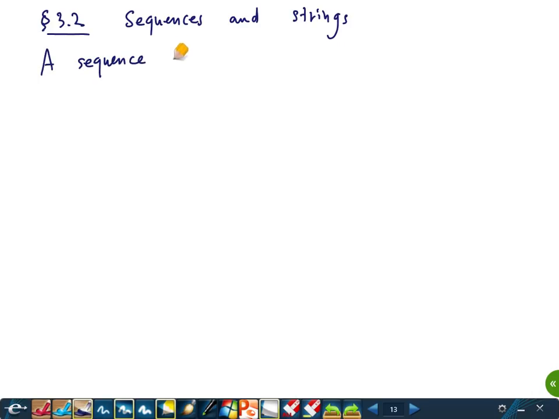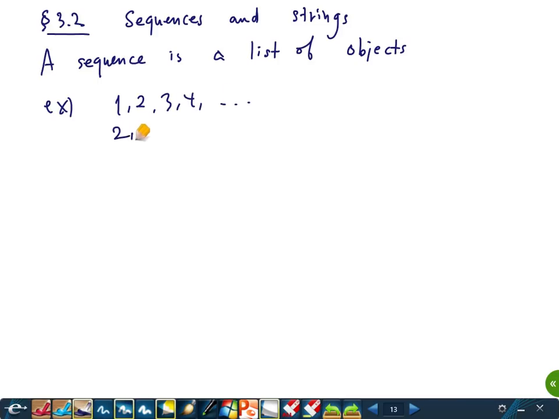The next one is about sequences and strings. So what is a sequence? It's very simple. A sequence is just a list of objects, like 1, 2, 3, 4, or anything.